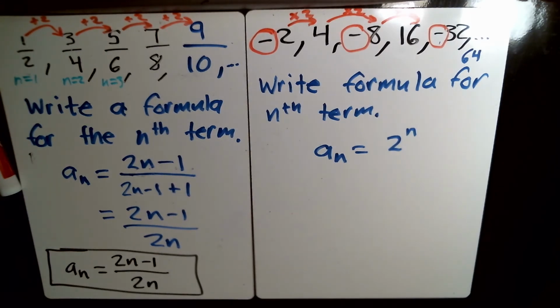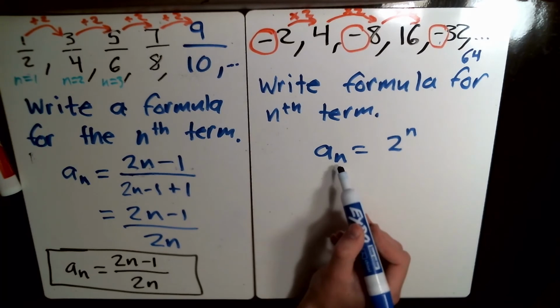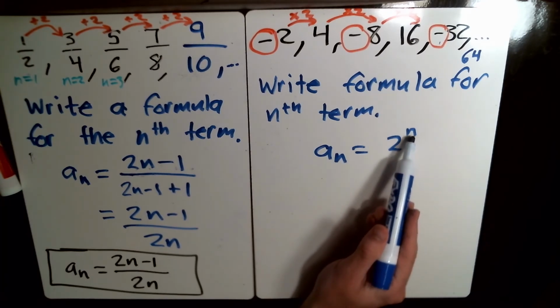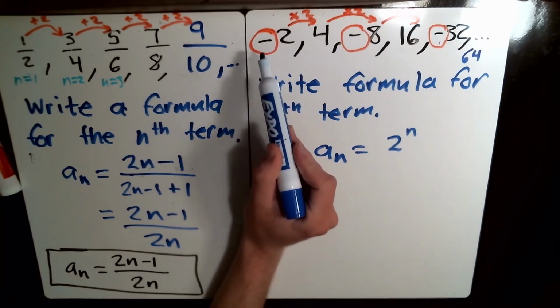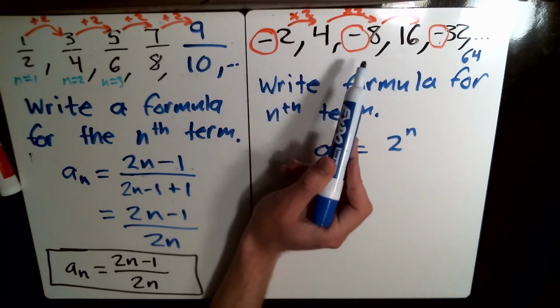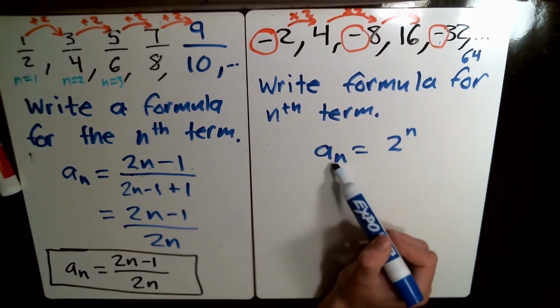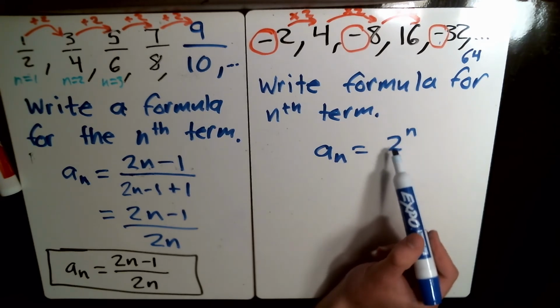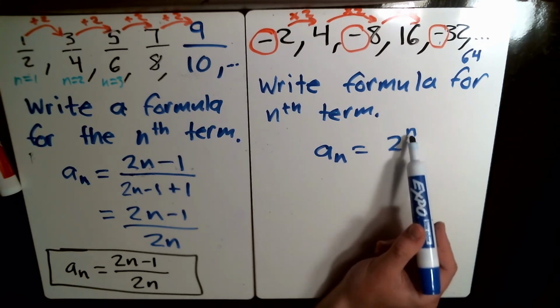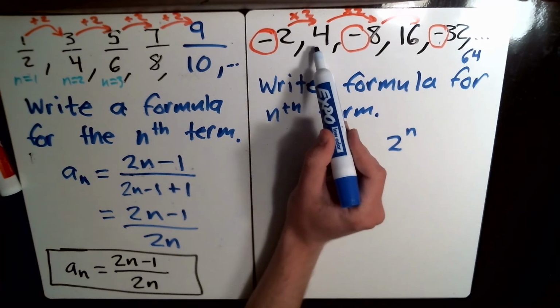Let's see if this works. Well, when I plug in 1, 2 to the 1 is 2, so that lines up. It's not the right sign, but we'll deal with that in a second. When I plug in 2, I get 2 raised to the 2 power is 4.